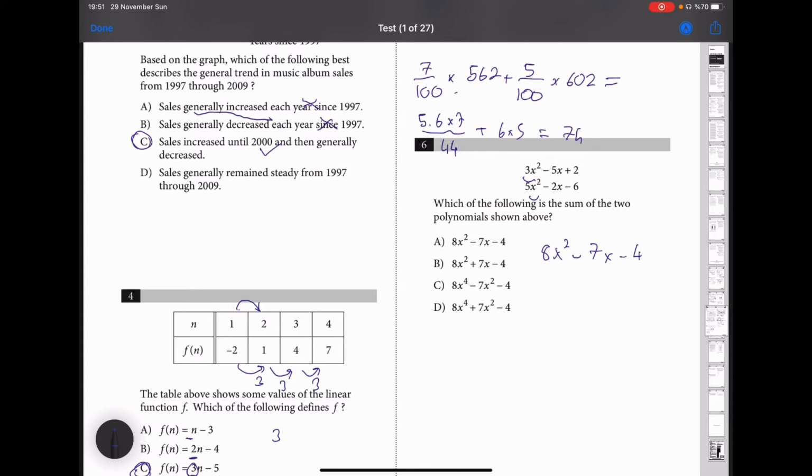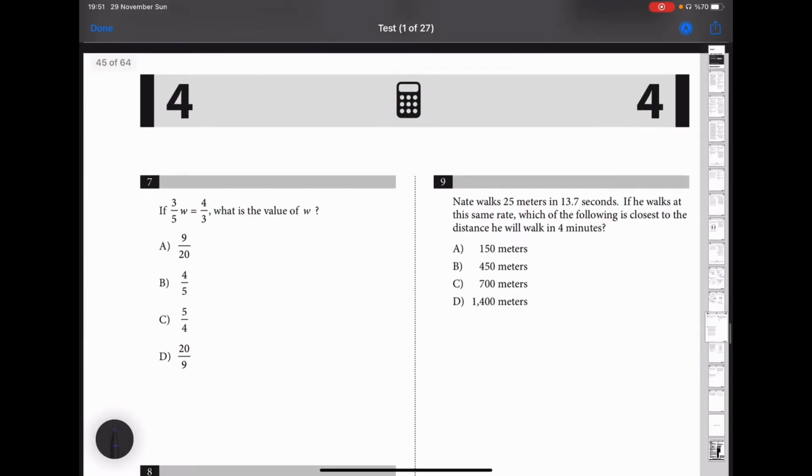Let's check the choices. The answer is A. If 3 divided by 5 times w equals 4 over 3, what's the value of w? Okay, let's multiply both sides with 5 over 3. Left hand side is w, right hand side is 20 over 9. This is the answer.